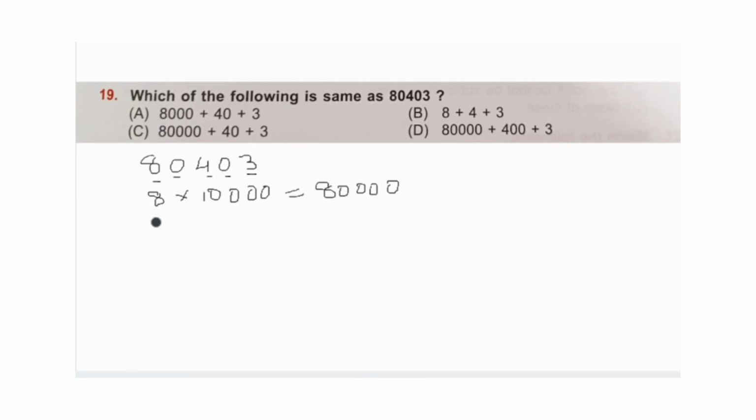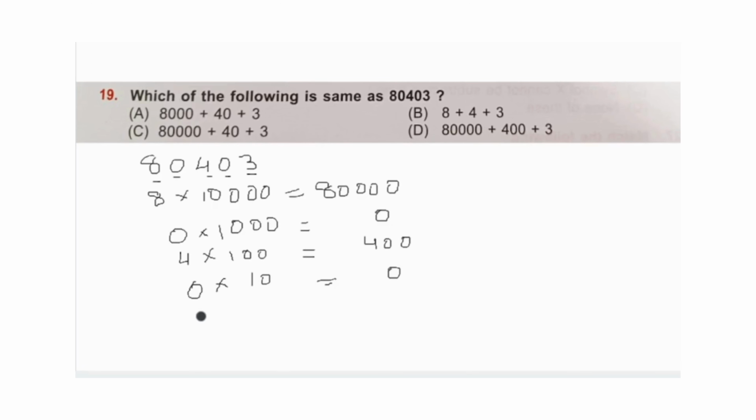The next number is 0 at the thousands place. So 0 into 1000 is going to be 0. Then you have the number 4, which is at the hundreds place. So you multiply it with 100 and you get 400. Then again you have 0 in the tens place, which you multiply with 10 and the result is 0.